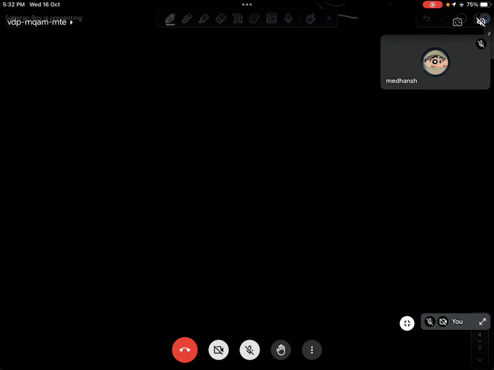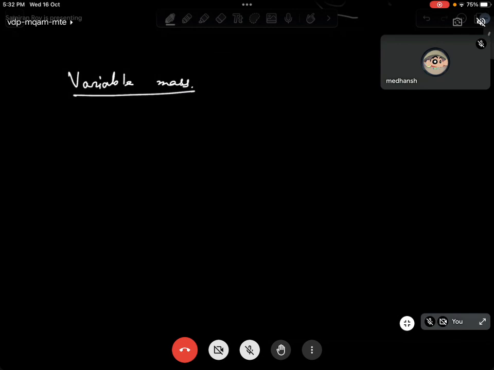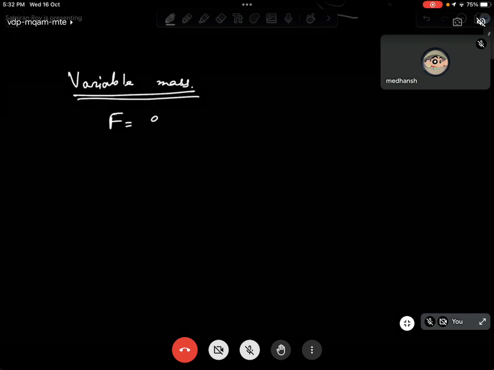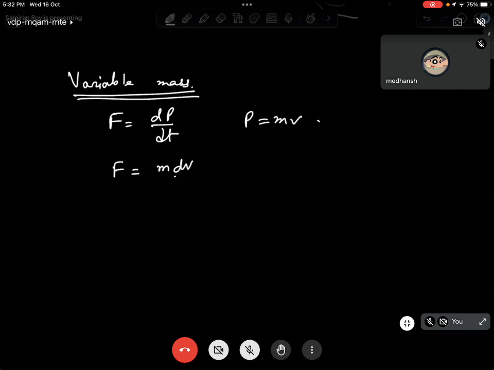So whenever I am talking about variable mass, generally you know that force equals dp by dt, and you know p equals mv. Clear? So force can be written as m dv by dt plus v into dm by dt.